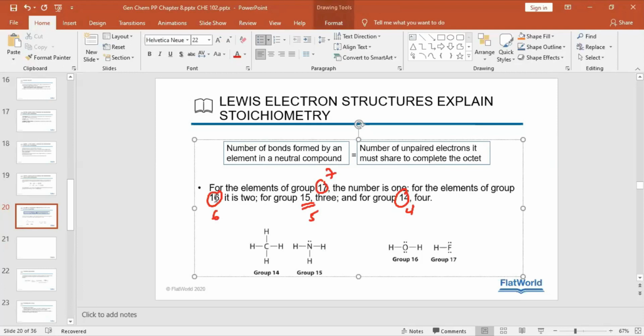For group 4, they require 4 electrons. You can look at the pictures here. Carbon is in group 4, so carbon has 4 bonds here. Nitrogen is group 5, so nitrogen has 3 bonds. Oxygen has 2 bonds and fluorine has 1 bond. Depending on which group they are located in, how many electrons do they need to achieve octet? And it's basically reflected in the number of bonds, the number of valence electrons to achieve octet.